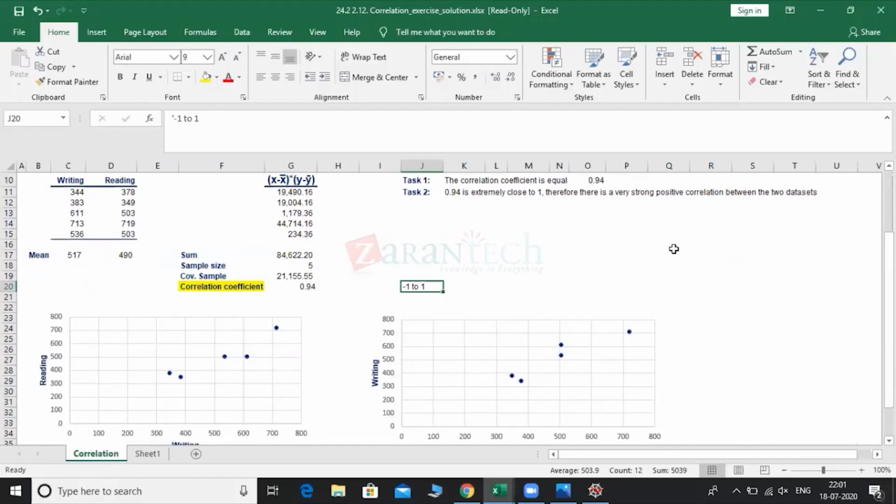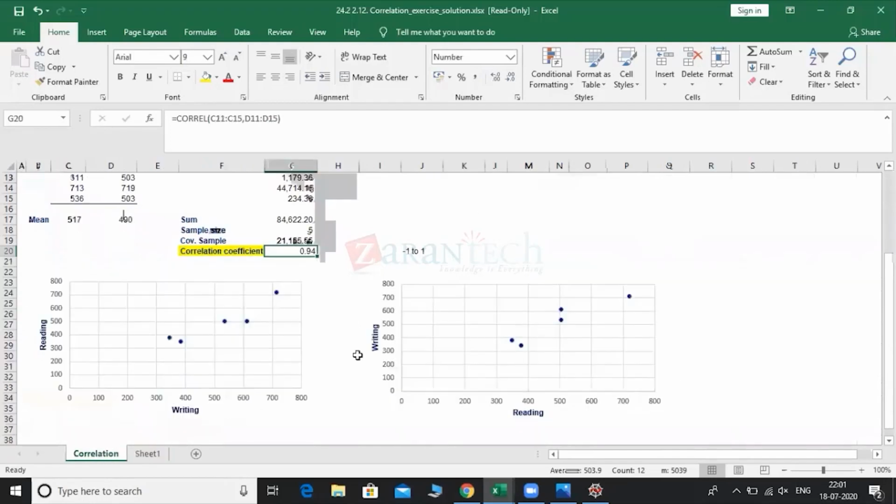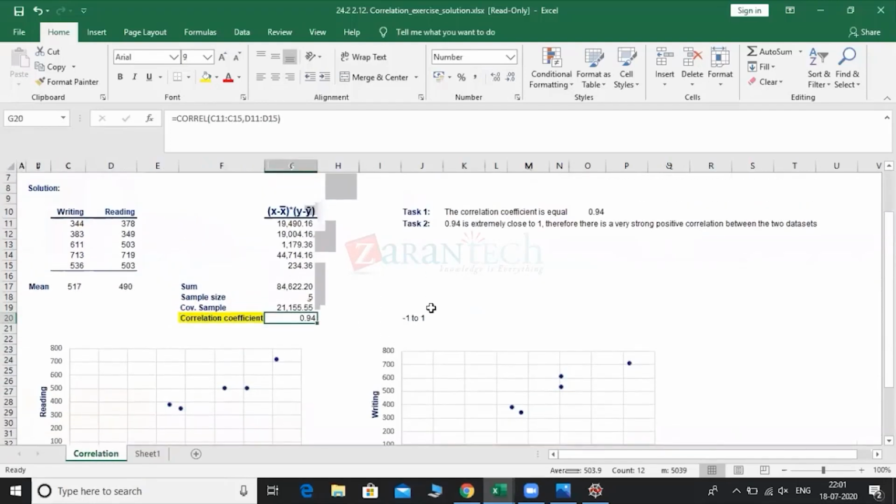So this number becomes much more interpretable: if this number is close to 1, it means these two things are very, very closely related. Like in this case, reading and writing are very closely related. In this case, writing and x are very closely related. So correlation becomes a very important parameter if we are comparing two variables which are numeric.